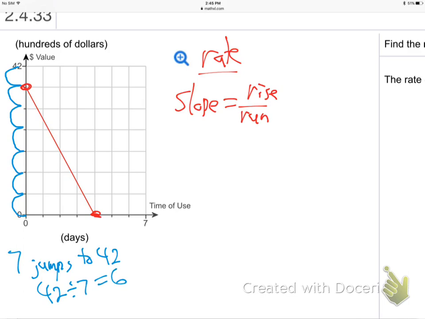Each of those jumps must be 6. Is that good? We all seeing that? This is 6, 12, 18, 24, 30, 36, 42. They're all going by 6, aren't they? See how I figured that out? 7 jumps to get to 42, so 42 divided by 7. Each jump must be 6.